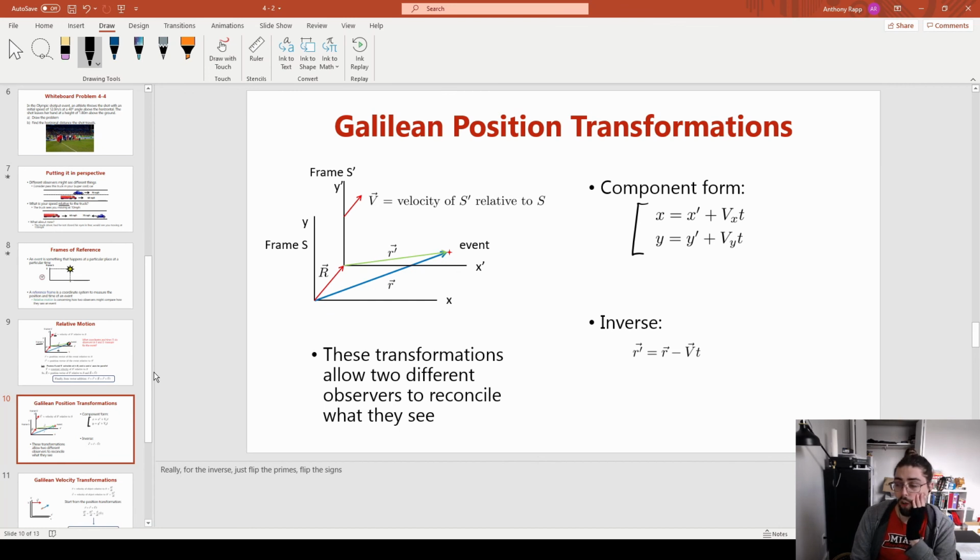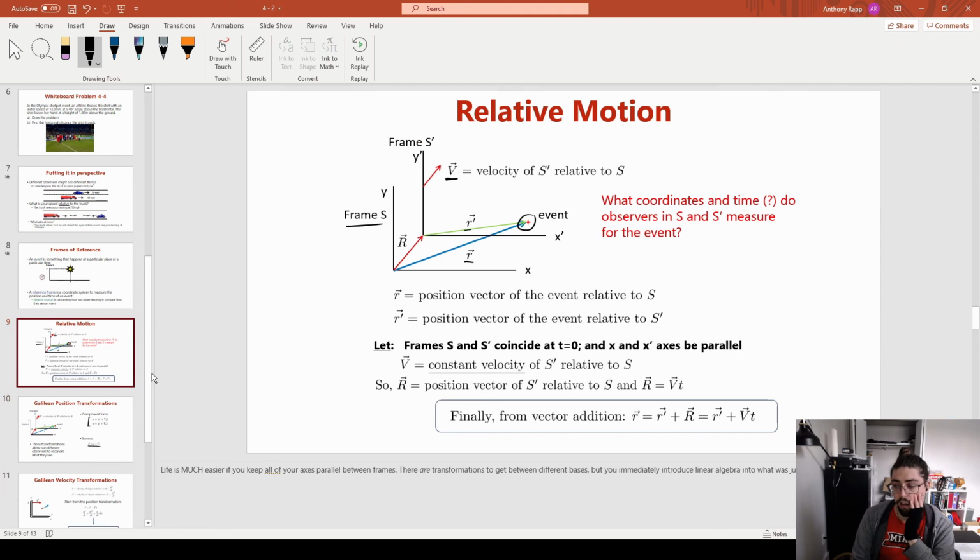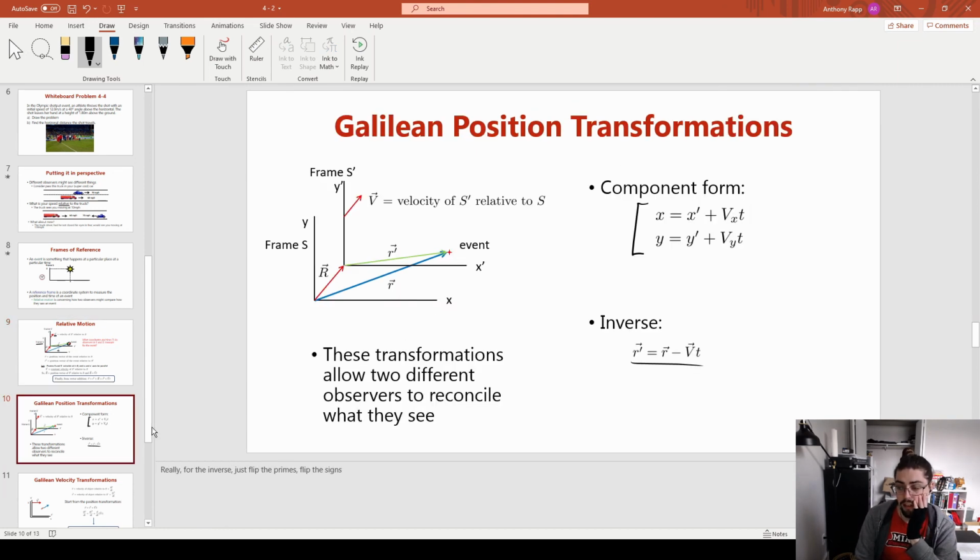We could also reverse this in the exact same way to say, if r is equal to r prime plus v times t, then r prime is equal to r minus vt, the other way around. In this way, if we both see the event happen and we both measure what our respective r's are, then we can use this transformation and we should agree on where it happened.